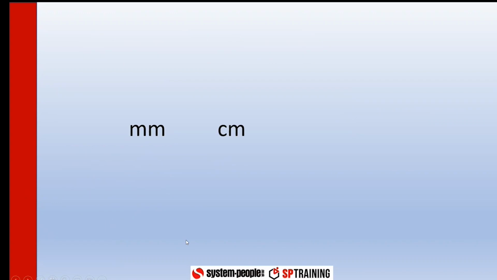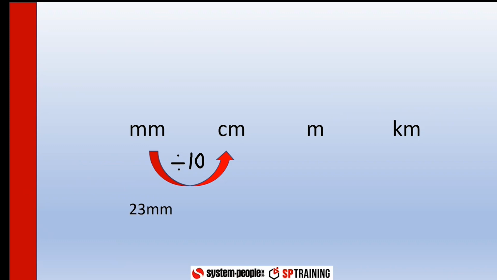So if we're making an exchange here between millimeters, centimeters, meters and kilometers, this is what we do. If we're changing millimeters to centimeters, we're going to divide by 10, because there's 10 millimeters in a centimeter. So for example, if we've got 23 millimeters, we divide it by 10 and we get 2.3 centimeters.